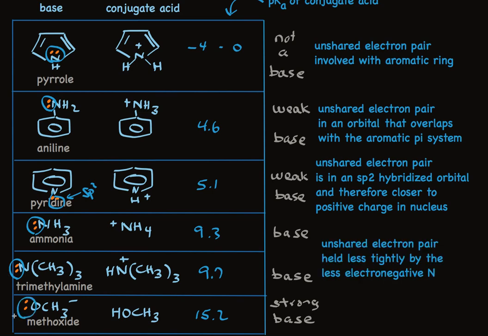Look at the electrons in methoxide. They're on the more electronegative oxygen, yes, but there's a negative charge. The negative charge on methoxide makes methoxide less stable and makes the electron pair more available for protonation. So this order of basicity is readily understood simply by looking at how available that unshared electron pair of nitrogen is for bonding with a proton.